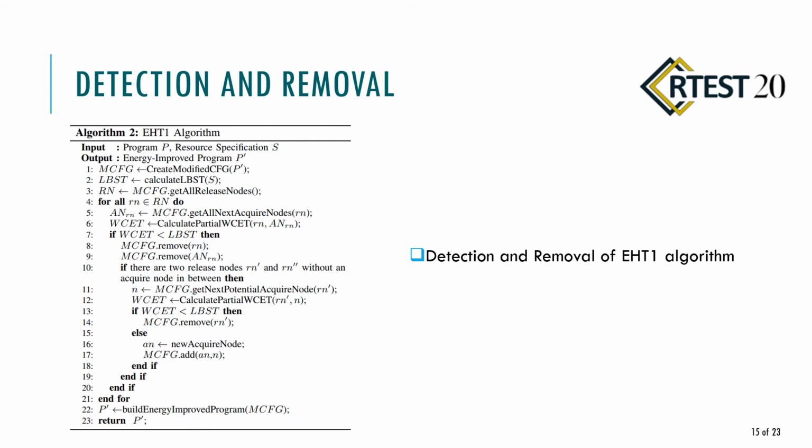Also, our algorithm tries to consider two special cases and avoid them in lines 10 to 19. The first special case is occurrence of two consecutive acquire nodes, and the second one is occurrence of resource leak in the modified control flow graph. Finally, the modified control flow graph is converted to the energy improved program, which has been shown in line 22.